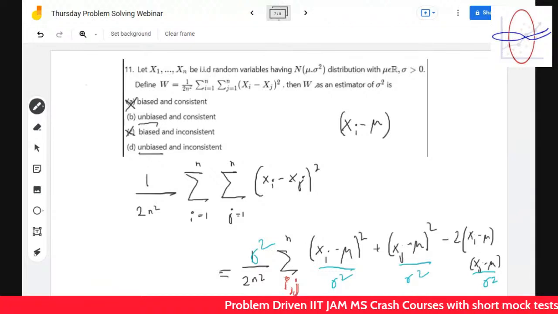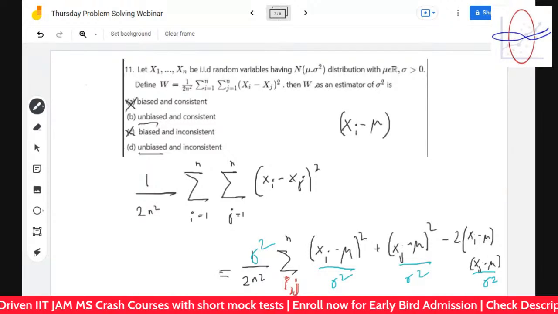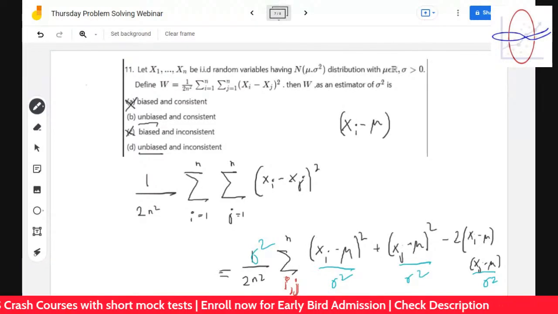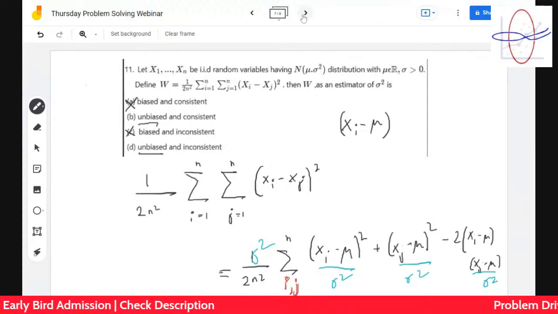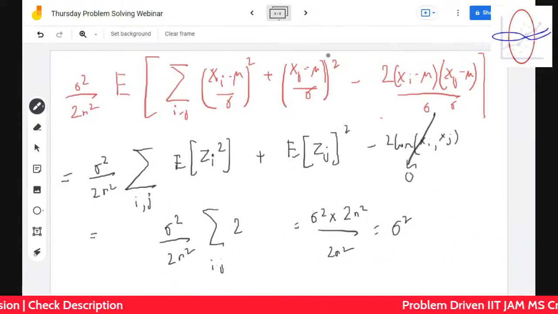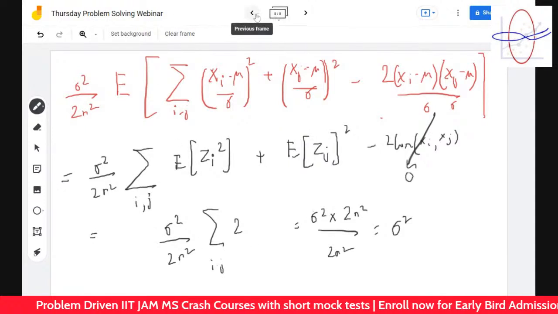Tishika, what was the issue you faced while doing this? I made a mistake in the expansion. Okay. So whenever you have this, remember these two things: normalize it, and always write it in proper format. That's it.